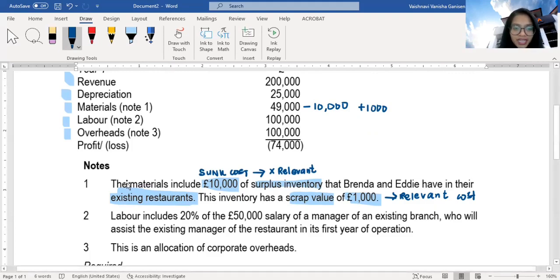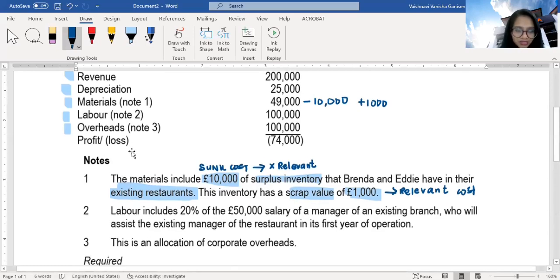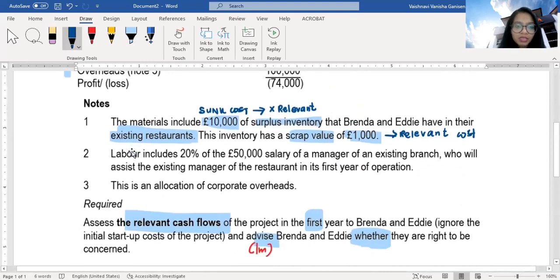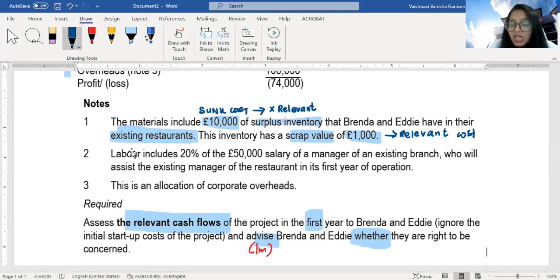Now, the next one, note number 2, labor cost. Labor includes 20% of the 50,000 pounds salary of a manager of an existing branch who will assist the existing manager of the restaurant in the first year of its operations.